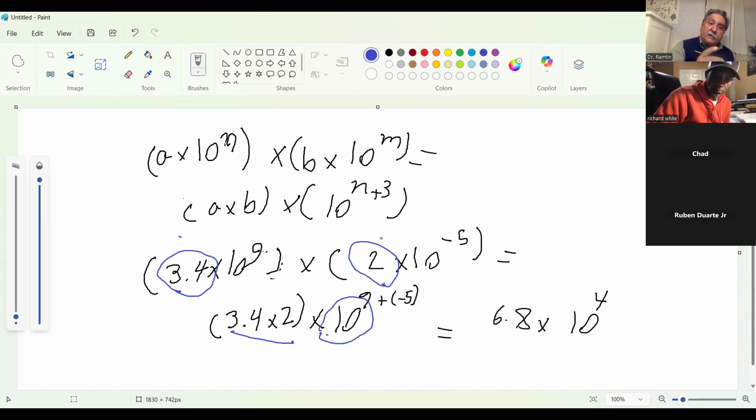When we have multiplication, we add the exponents. So it's 9 plus minus 5, which is the same as 9 minus 5, which is 4. All right? Okay, good.